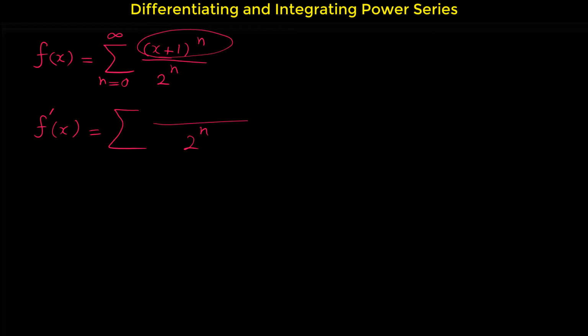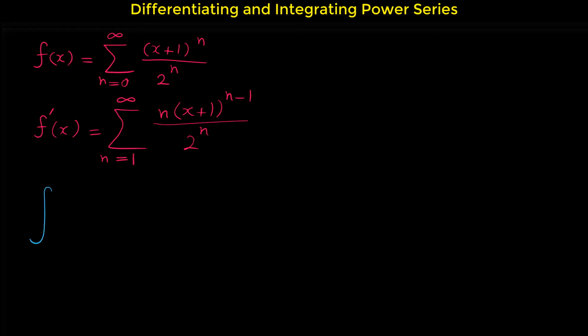We have to just take the derivative of (x plus 1) to the power of n. And the derivative of (x plus 1) to the n, based on the power rule, is n. We bring the power down and we subtract the power by 1. So the derivative is n times (x plus 1) to the power of n minus 1, and n starts from 1 to infinity.